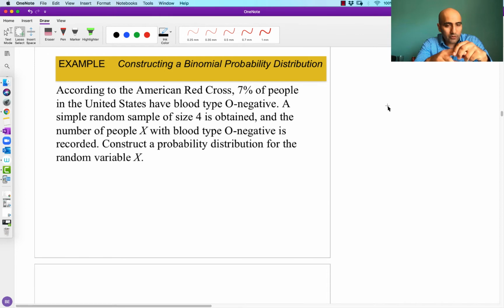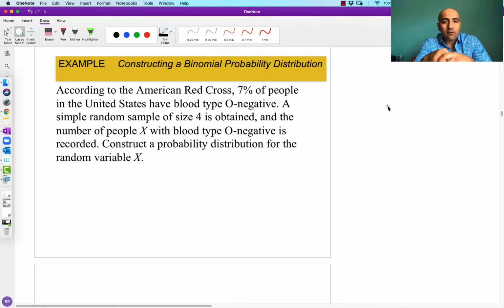There are two mutually exclusive outcomes, right? We're only checking yes, you are O negative, no, you are not O negative. So it is binomial. And finally, the probability of success stays constant. And again, 7% of all people in the United States, all 320 million people, are O negative.